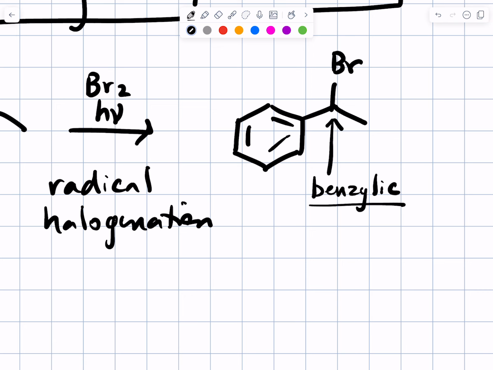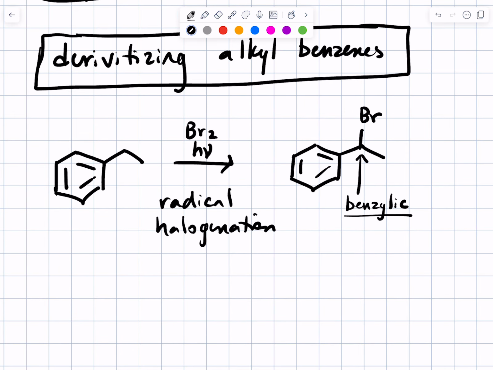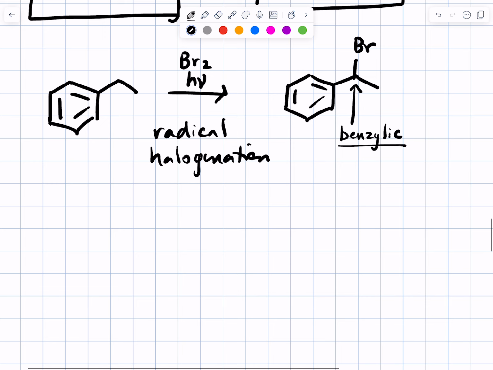I may use it because it's shorter than saying the carbon that's adjacent to the benzene ring. I can accomplish all of that with benzylic. So that's the benzylic carbon. I won't show you the mechanism of this reaction, though you could get it if you go back to the radical chapter.